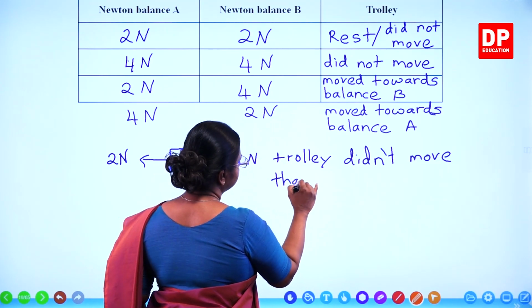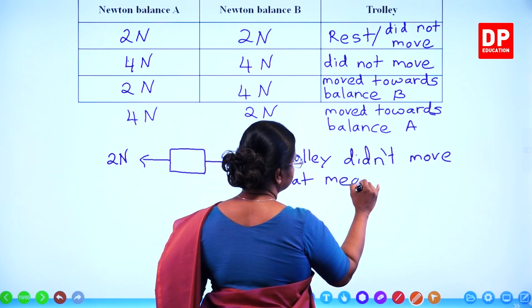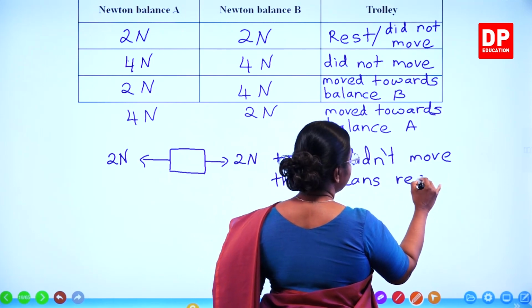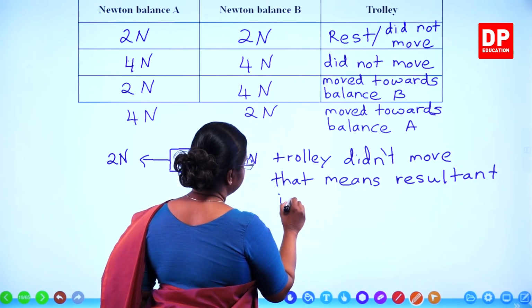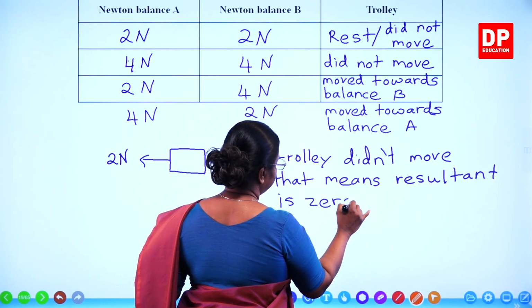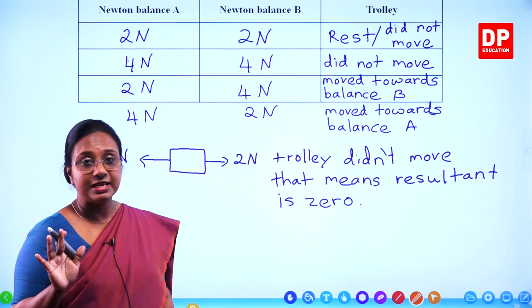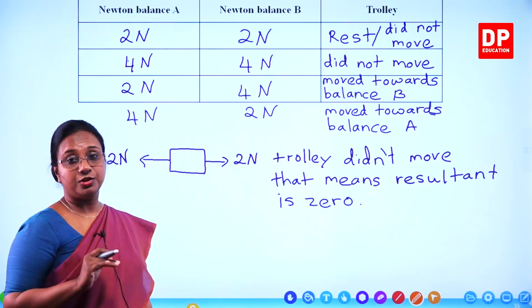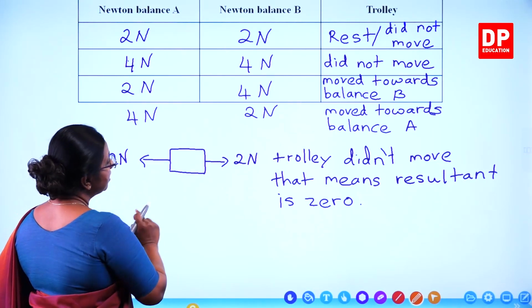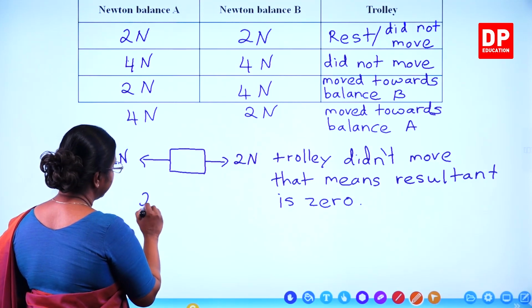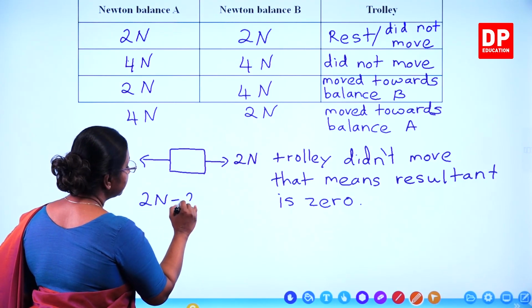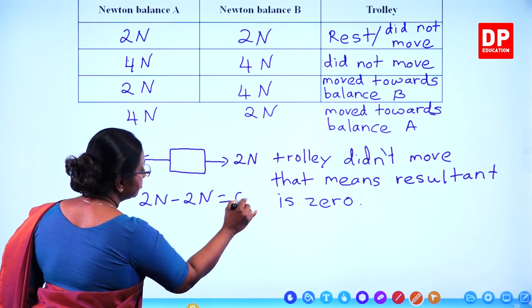That means resultant is 0. So you all can understand that. How do we get 0? 2 in one direction, 2 in the opposite direction. So here it should have been 2 Newton minus 2 Newton. So 0.